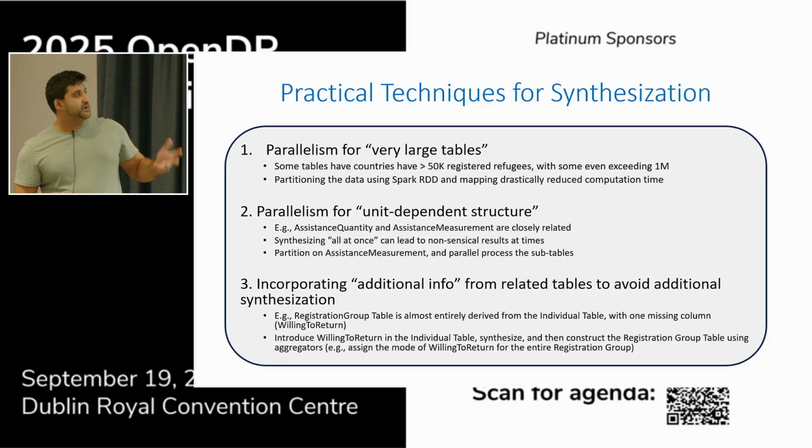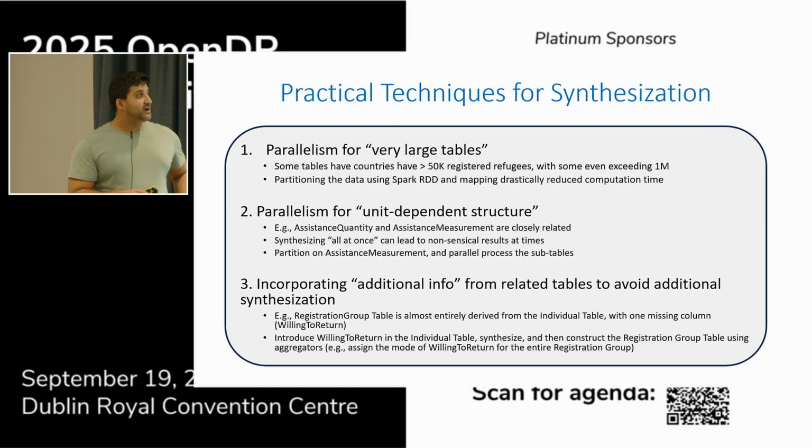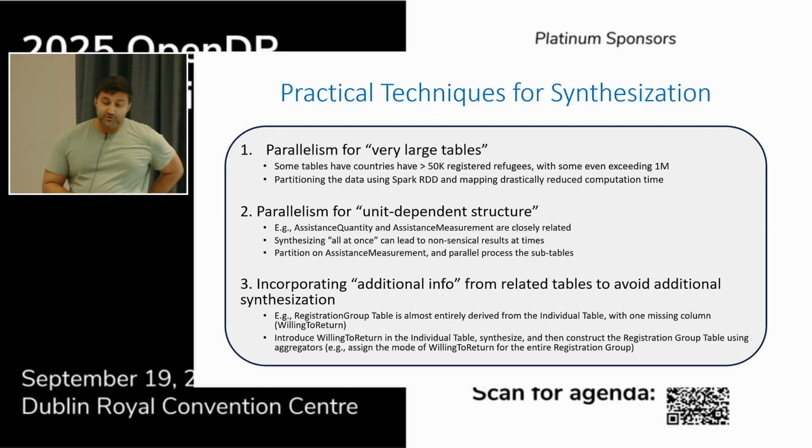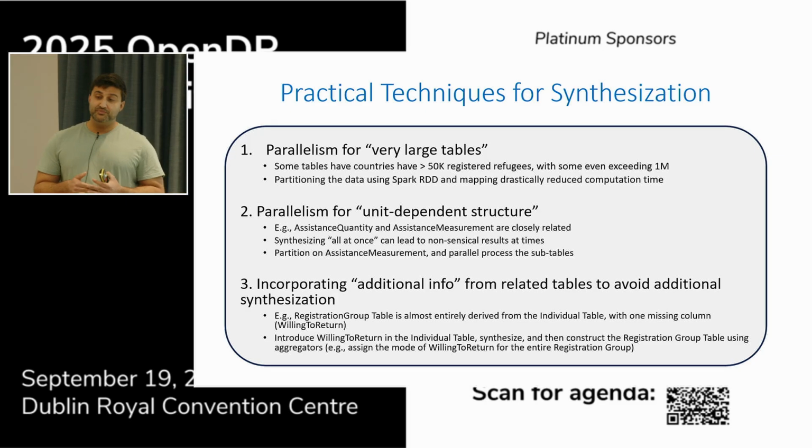The second thing we ran into, which we had to overcome, is that some tables have within them unit-dependent structure. As a concrete example, for one of the countries we looked at, in their assistance table, there are many different types of assistance you can get. You can be given currency, in which case the amount is a dollar or a peso amount. But if you're given a medical kit, the interpretation of those two numbers is very different.